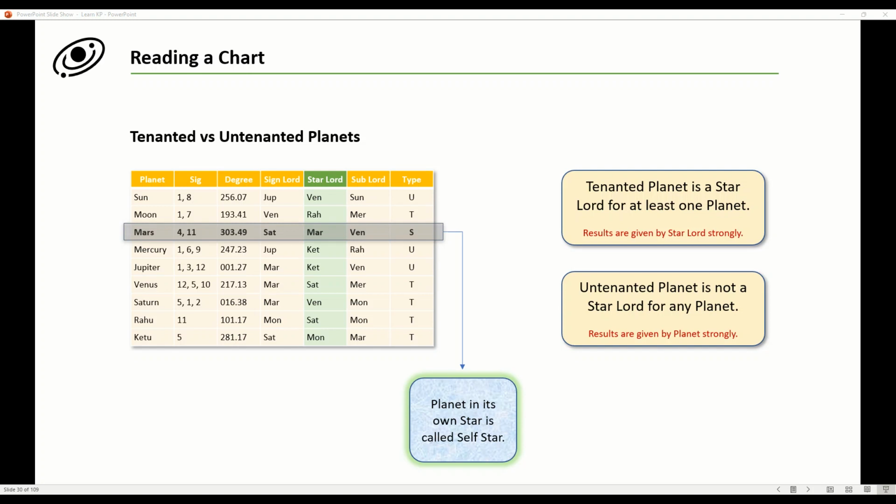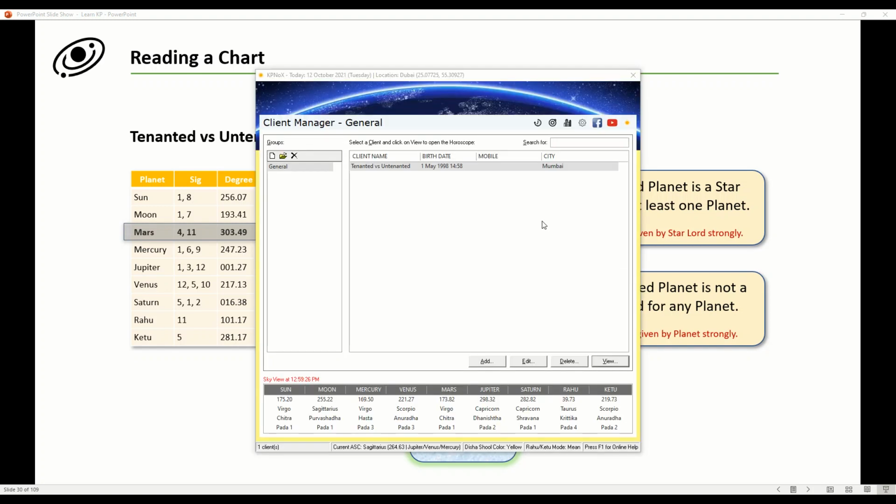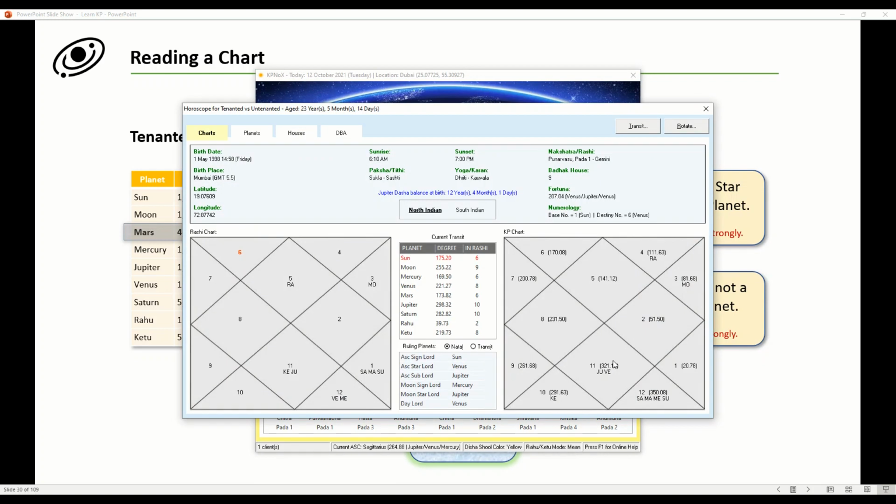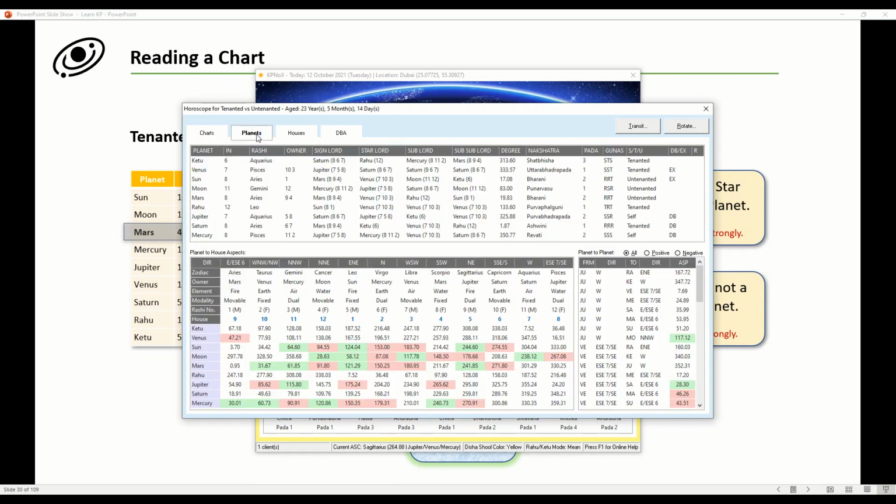In the case of a self star, the planet itself will deliver 100% results. If you are using KP-NOX, you can automatically see this in the planets tab. So you see the planets and you can also see whether it's tenanted or untenanted or a self star.